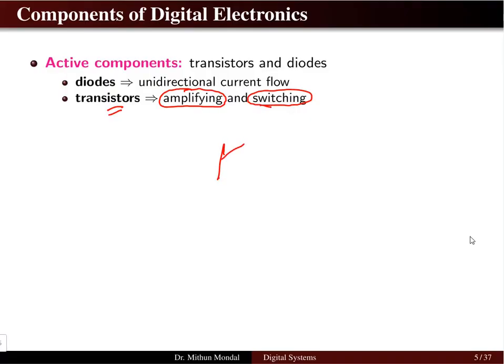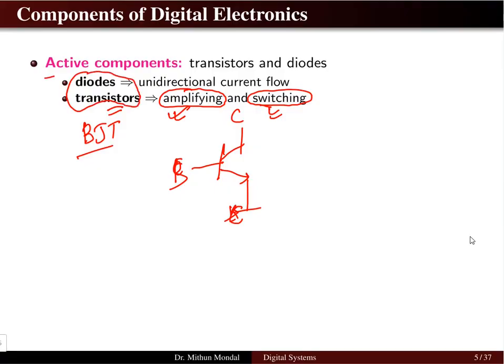Transistors are basically bipolar junction transistors, famously called BJT, which have the emitter, base and collector regions. In this region you can either amplify the signal or have the switching operation. So these diodes and transistors are the most active components of any digital electronics.